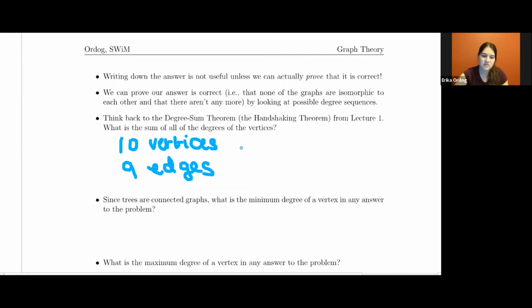And the degree sum theorem says that the sum of the degrees of the vertices is 2 times the number of edges. So in this case, it's 2 times 9, which is 18. So what that means is if we have a degree sequence, then the sum of all of the degrees in that sequence has to add up to 18.